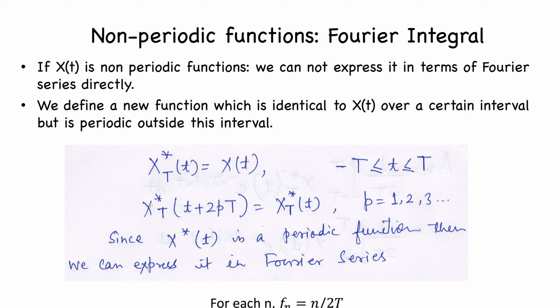That is how we write a periodic function. As you can see, x star T of t plus 2T is equal to x star T of t, so it will repeat after every 2T period. The period is 2T, so every 2T it will repeat itself.